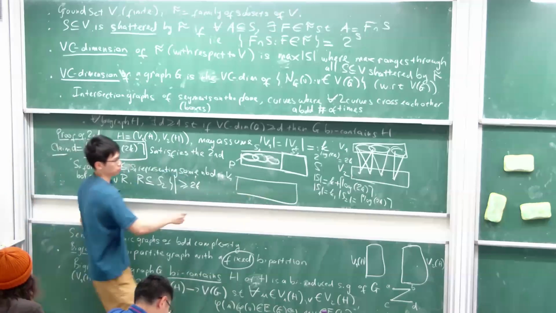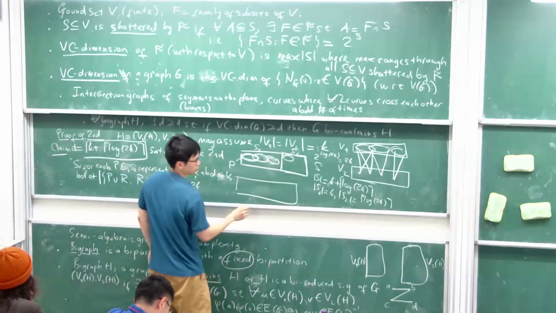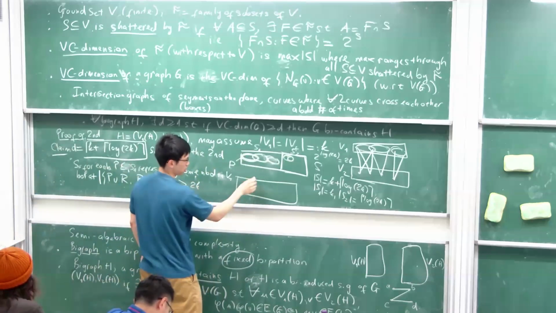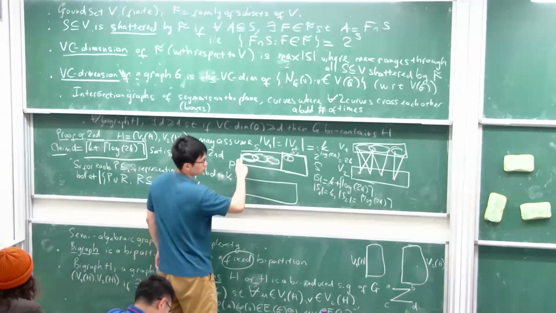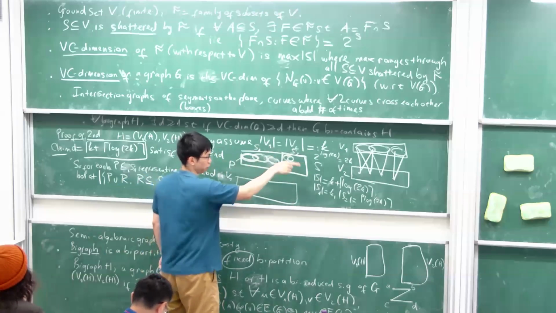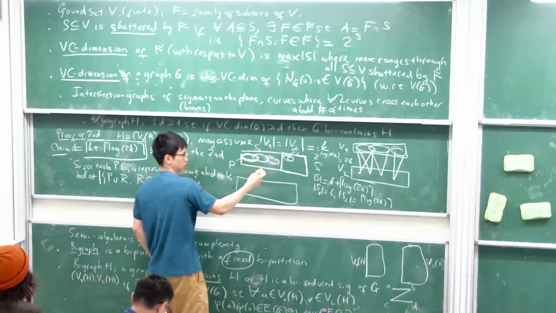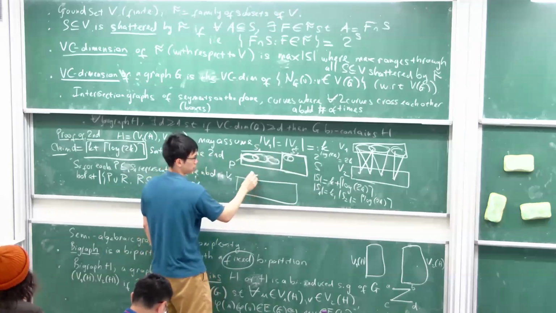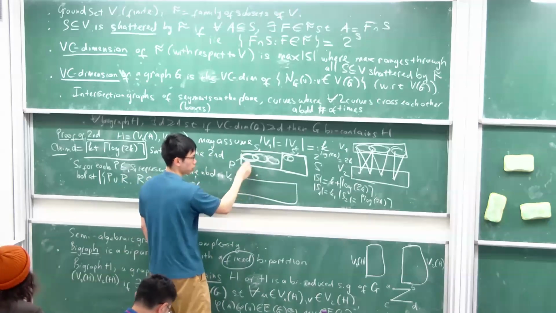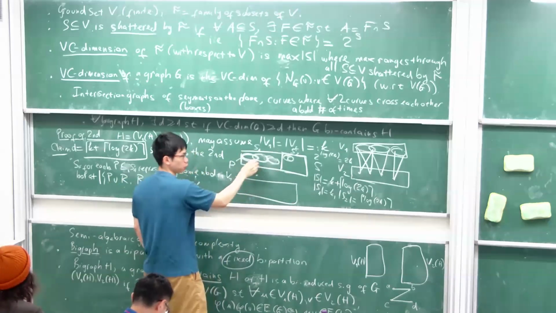So for each R and this P, I can find somebody in the graph G. That vertex might be inside of S, maybe outside of S, I don't know, but the intersection of this neighborhood in G with S is exactly P union R.